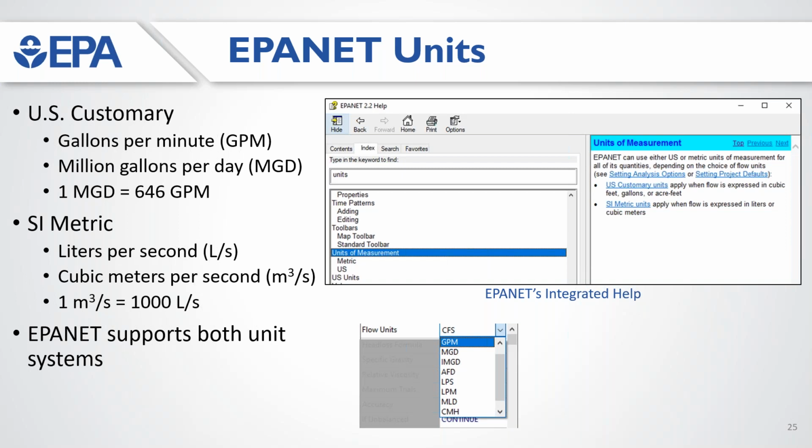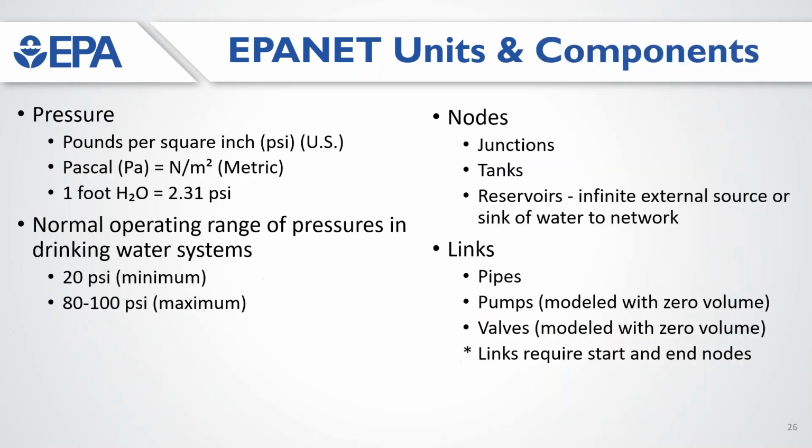It also has SI units, like liters per second or cubic meters per second, and EPANET supports both. You can change these as you can see here in these screen schematics, using the help menu to select what kind of units to use, and then you can pull down in your EPANET solutions and pick out which kind of units you want to use. Next slide, please.